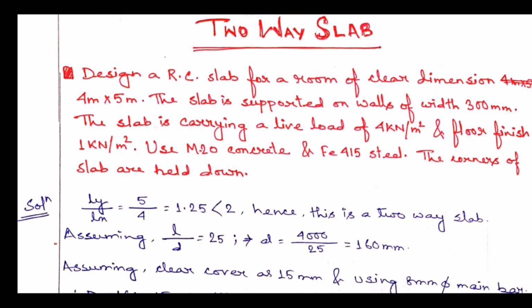Let's assume the L by D, length to depth ratio, is 25. From this assumption, small d, the effective depth, is 4000 by 25, that is 160 mm.